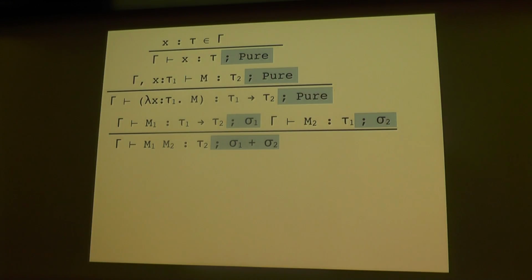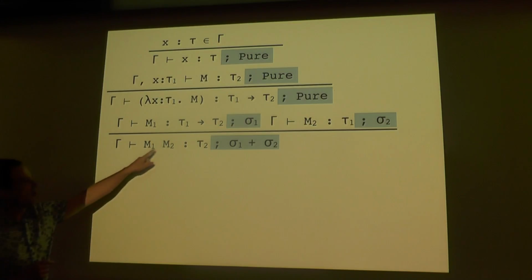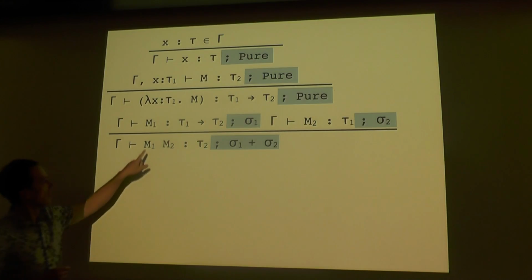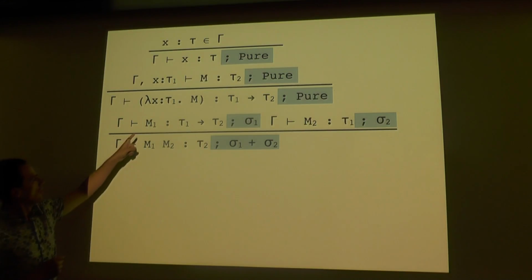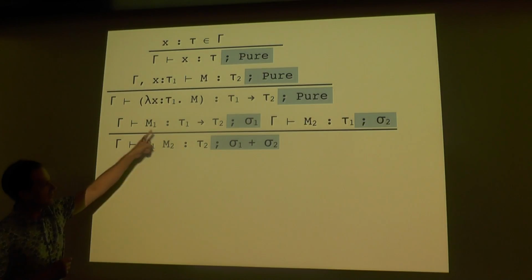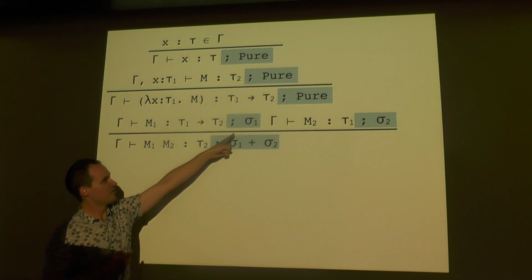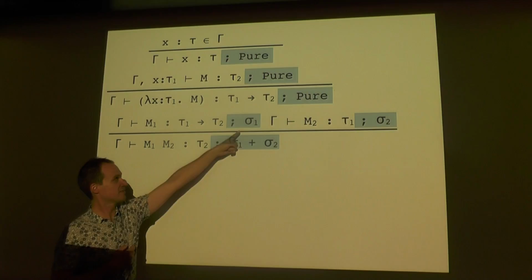At the top I say that if you have a variable and you use it, that's a pure computation. I haven't done anything. When I form a function abstraction, that's also just a value, so it's a pure computation. And importantly, when I perform a function application, evaluating the functional expression might have effect sigma 1.